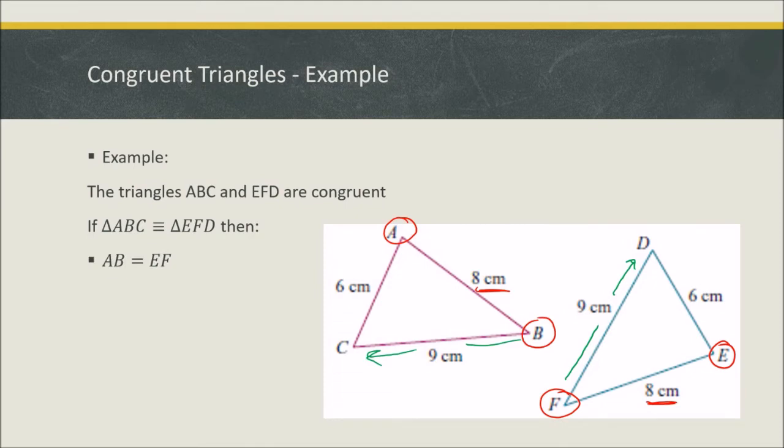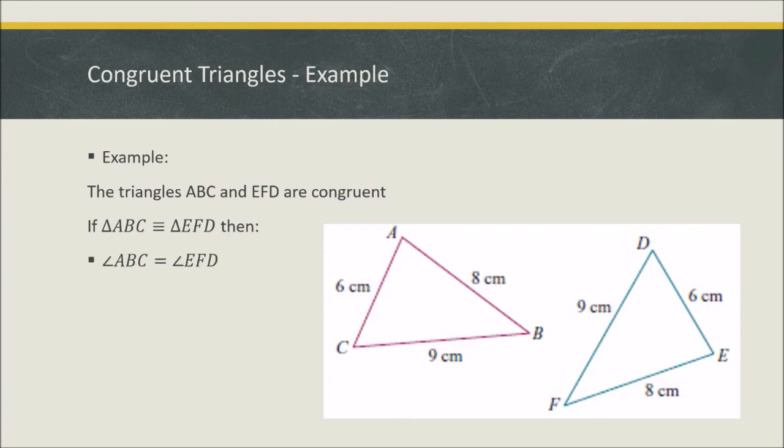So we can say AB equals EF, BC equals FD, and finally we have our last side where we have the 6 centimetres and the 6 centimetres, which is our CA and our DE. Now if we look at the triangles again, but this time focusing on the angles, we can say that angle ABC, so that is this angle here, is congruent to angle EFD, which is this angle here.